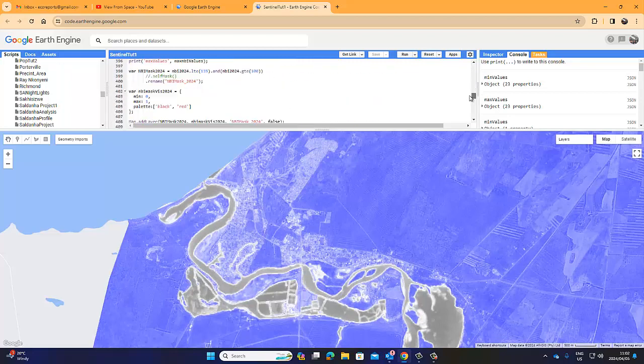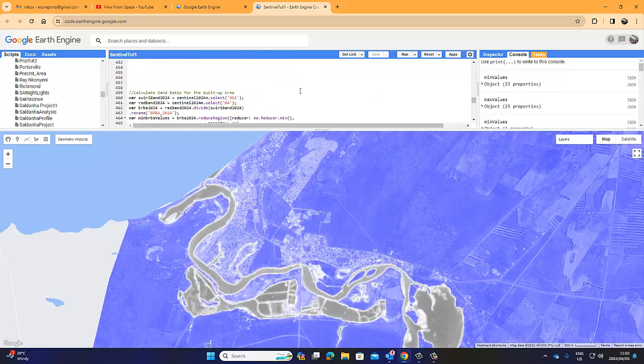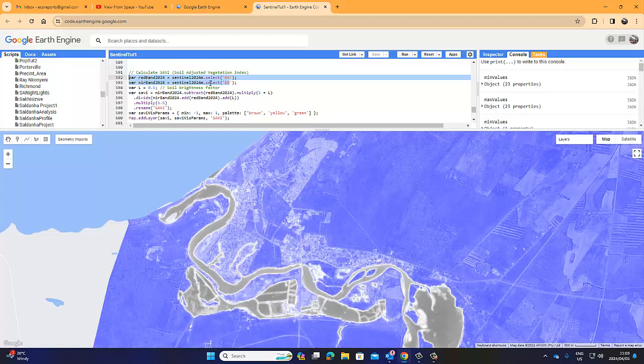So let's have a look at its significant other half, one of its derived indexes. Again, red and near infrared, 8 and 4. So it uses exactly the same bands, but the difference lies in the formula.